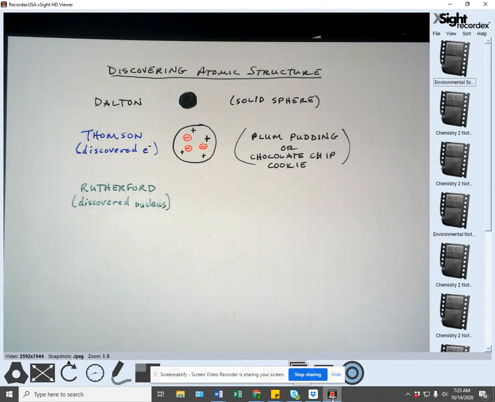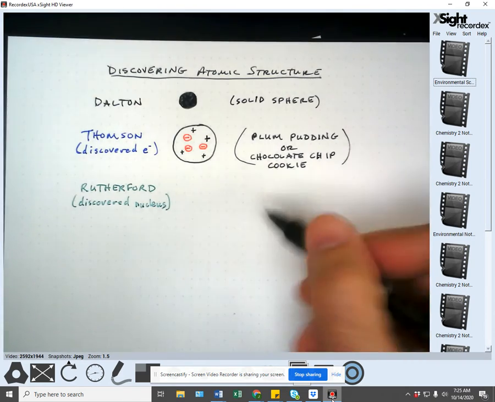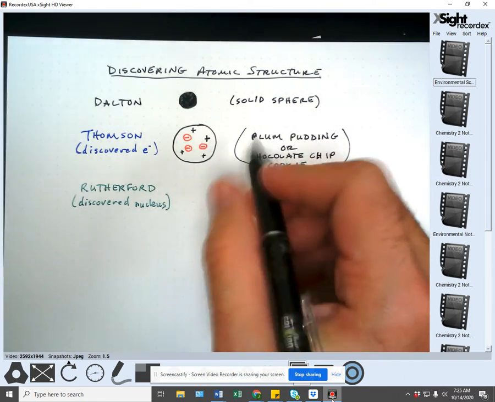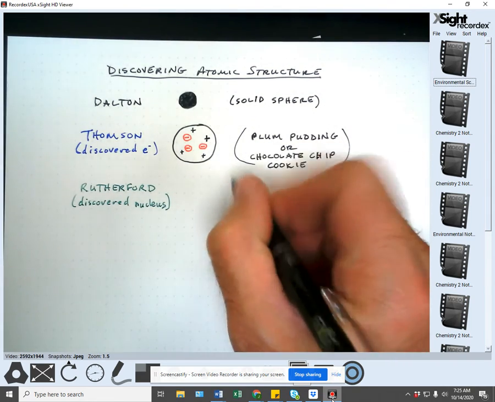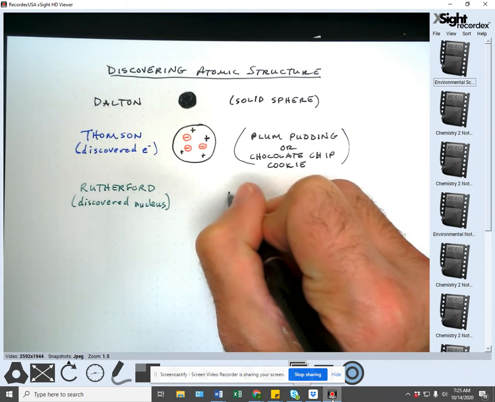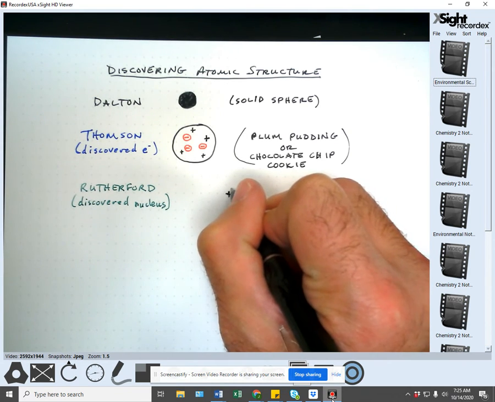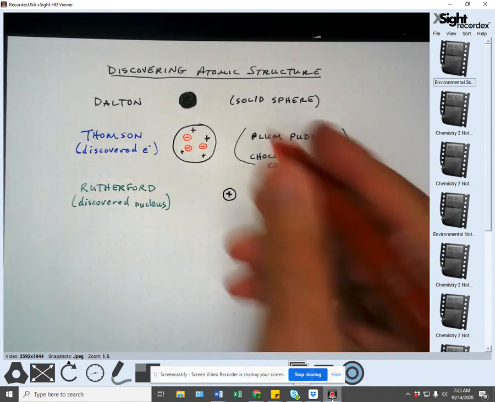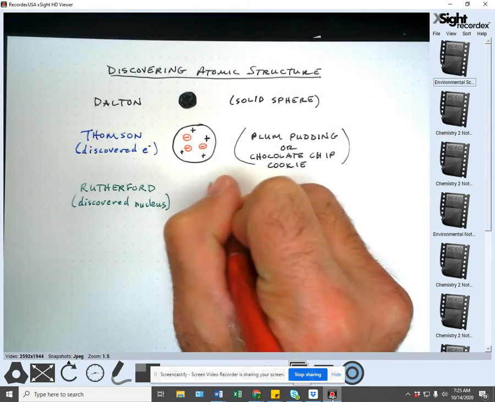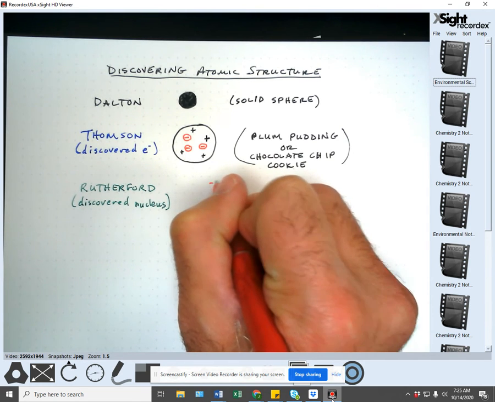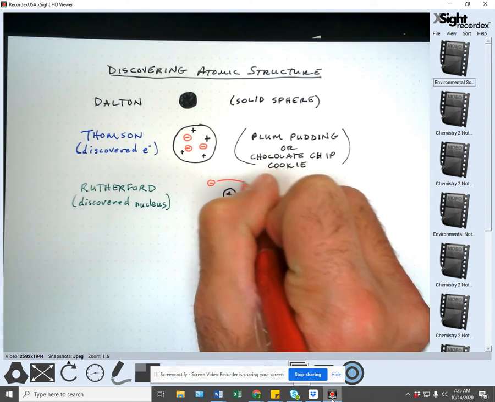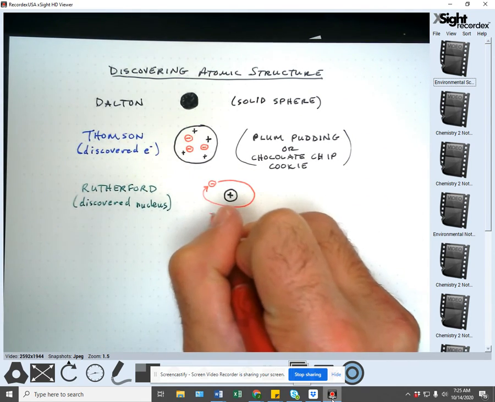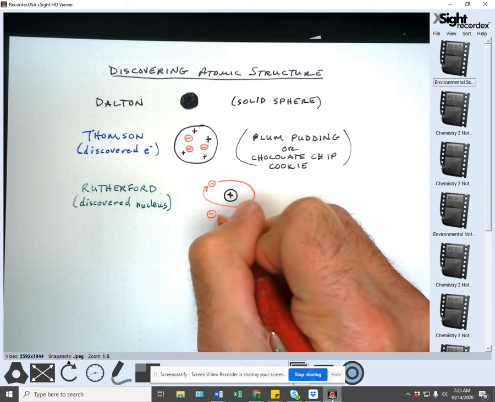Rutherford's version of the atom is going to be like this: a small positively charged nucleus with electrons orbiting around the nucleus.